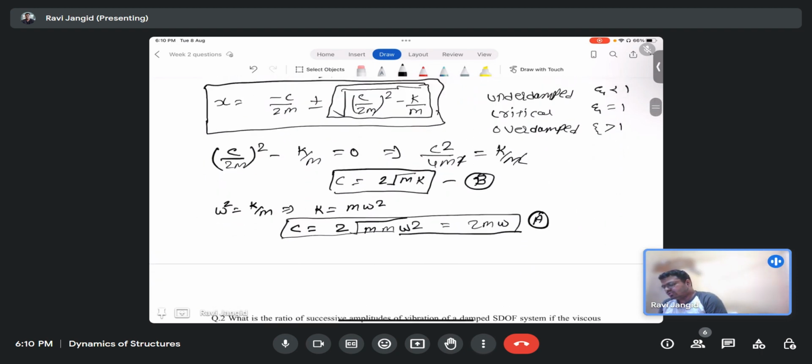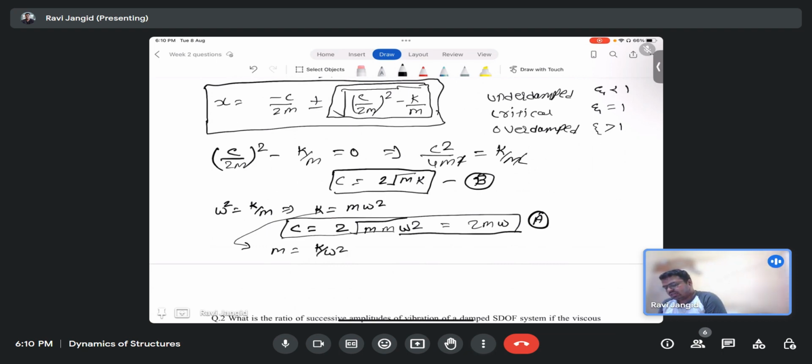Now for another option, is there any other way we can put it? If we replace m with k, what will we get? From here we can represent m is equal to k by omega square.